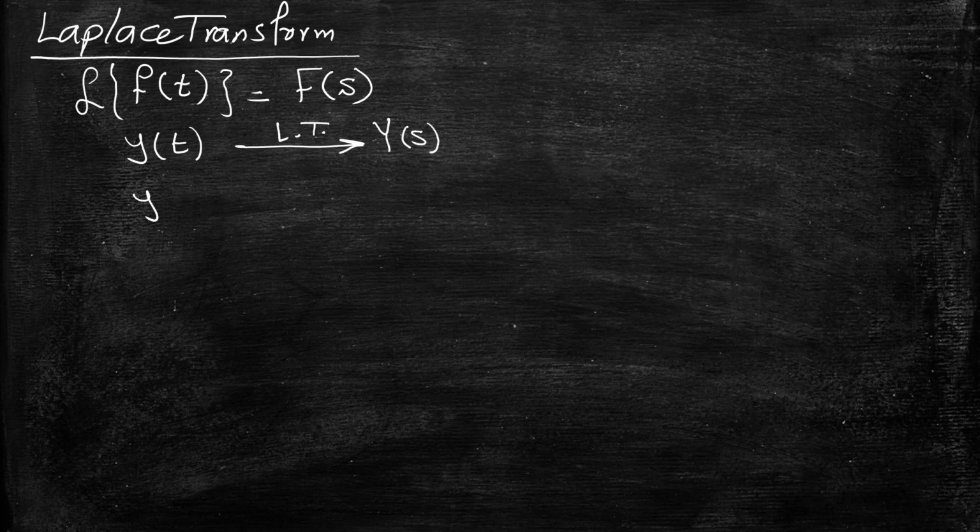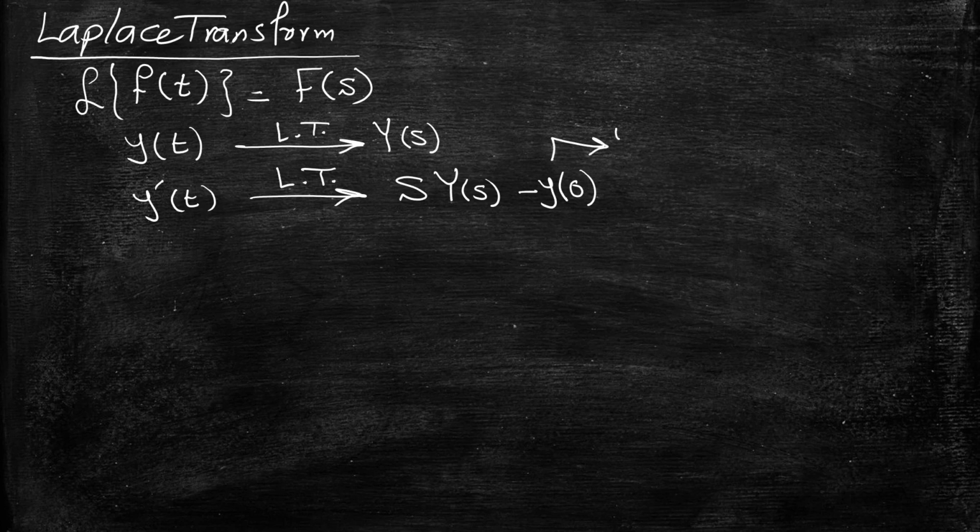If we have the derivative, from the properties, a derivative in the time domain becomes multiplication by s in the s domain, and there is another term added to this formula, y of 0, which is nothing but the value of y of t at t equal to 0.